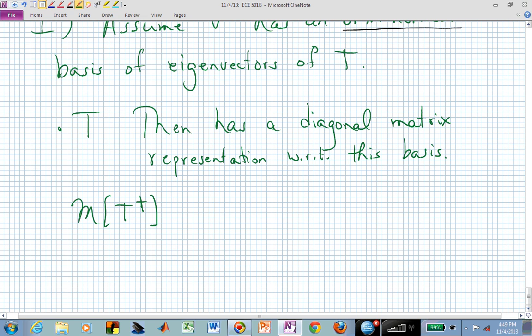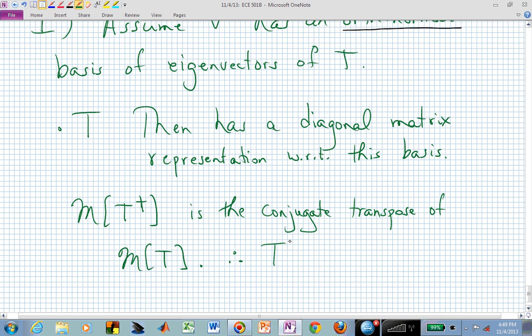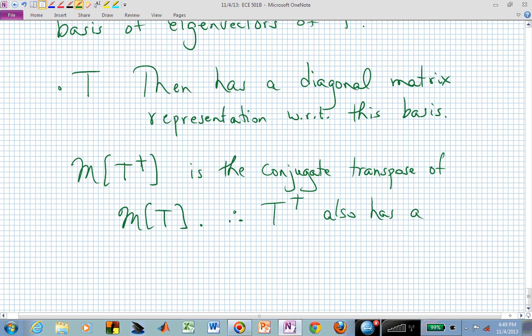So the matrix representation of the adjoint of T is the conjugate transpose of the matrix representation of T. Which says then, in general, that if T was diagonal in terms of its matrix representation, and we do the complex conjugate transpose, it's also diagonal.